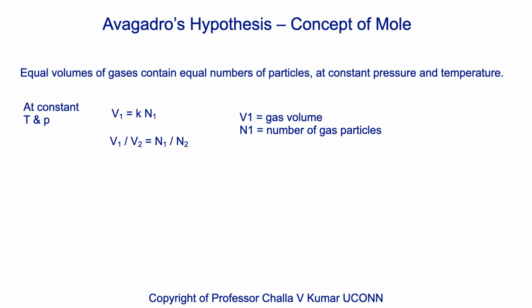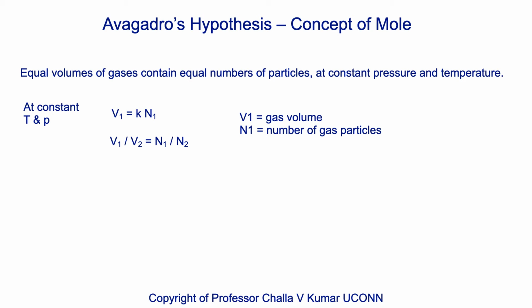Well, simply dividing the first equation, V1 equals K times N1, with a second equation that I can write, V2 equals K times N2. Then I can divide the first equation with the second one and thereby cancel the value of K, which is a constant in both equations. So V1 by V2 equals N1 by N2.